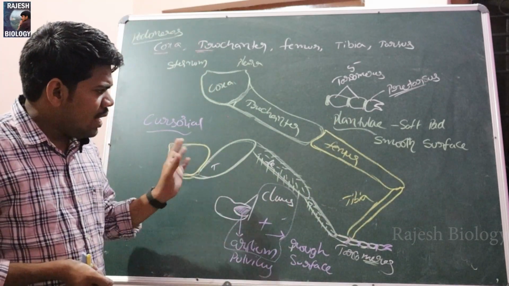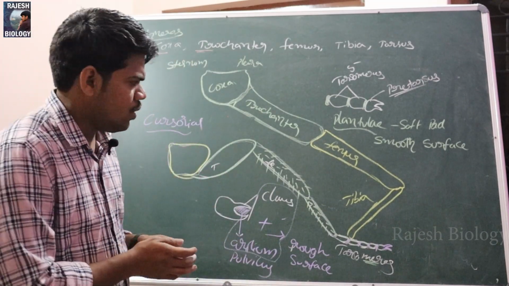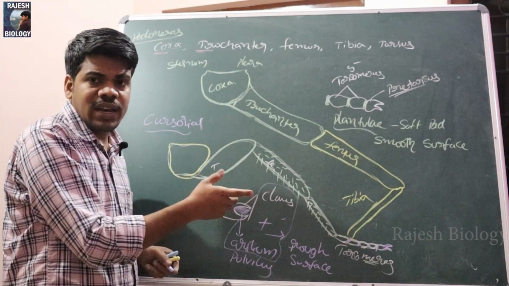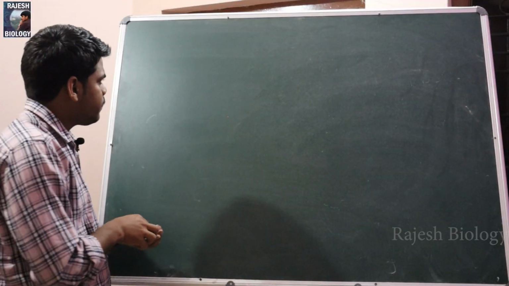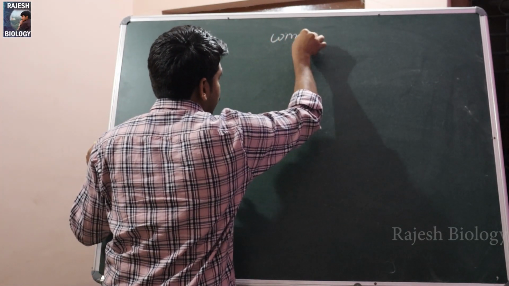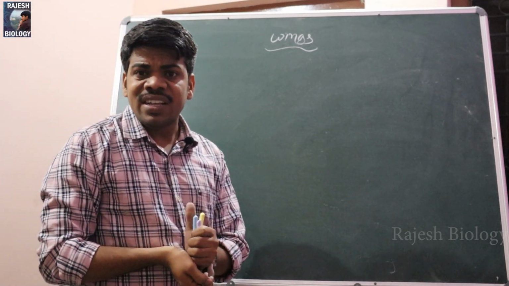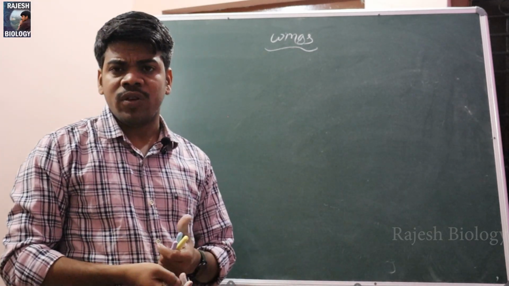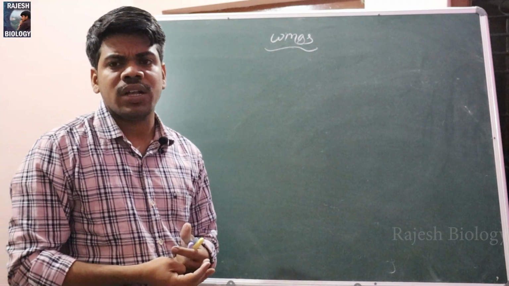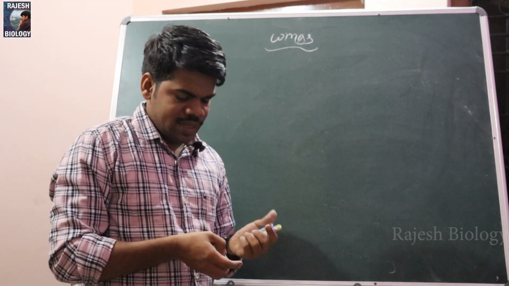Okay, then next we will discuss the wings of the thorax. I'll erase this, then I'll explain the wings also. Why do I explain the legs and wings immediately one by one? Because wings and legs are parts of the thorax.